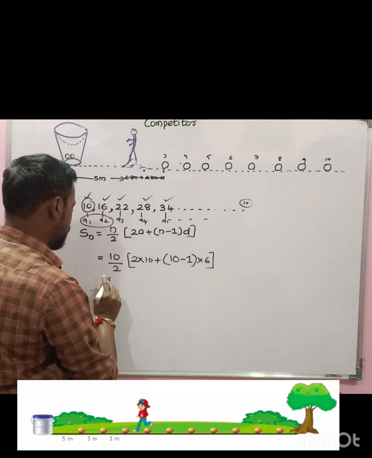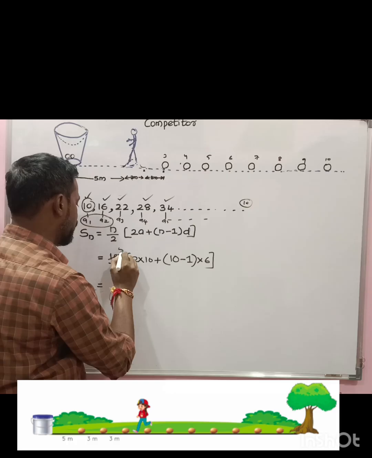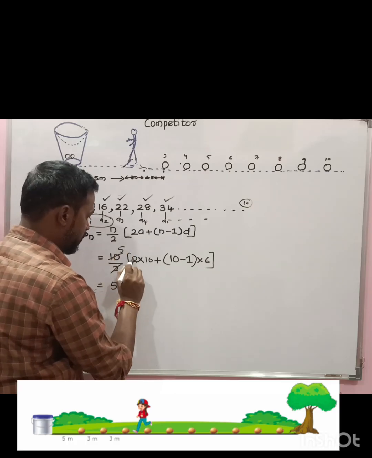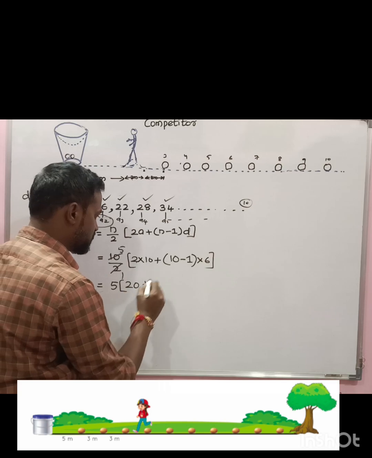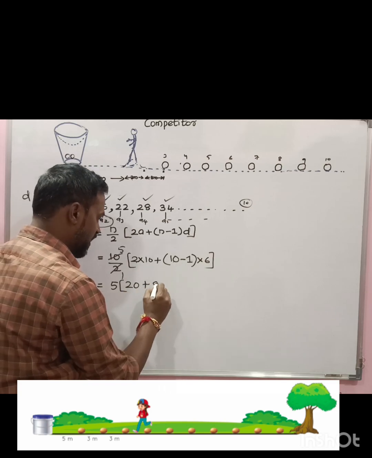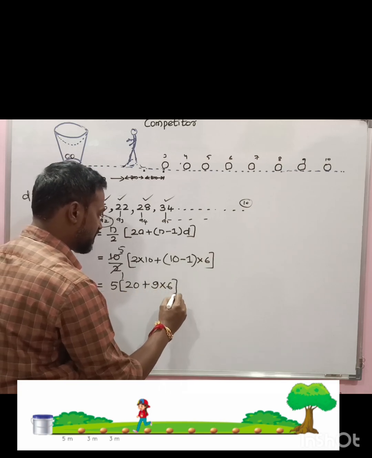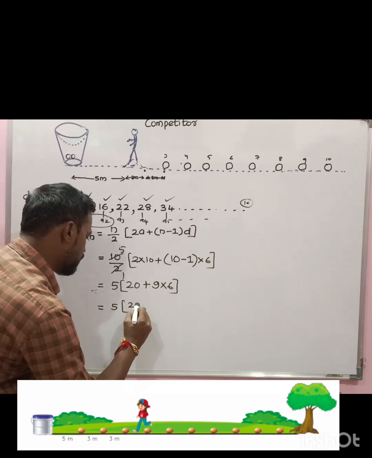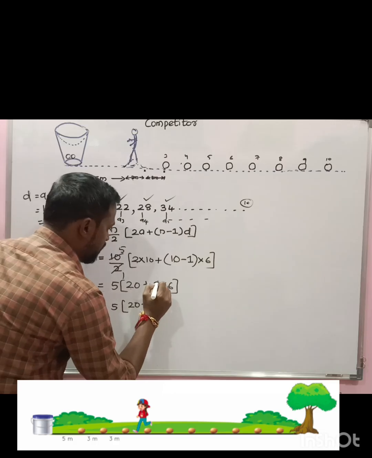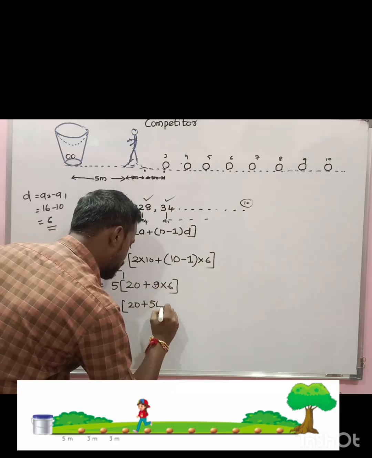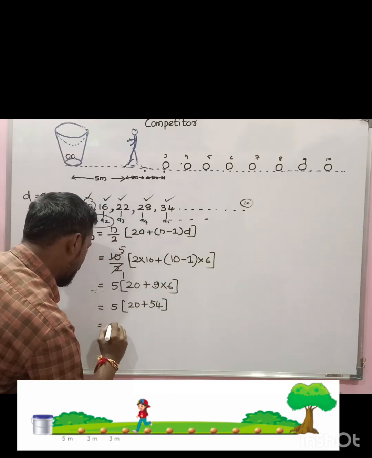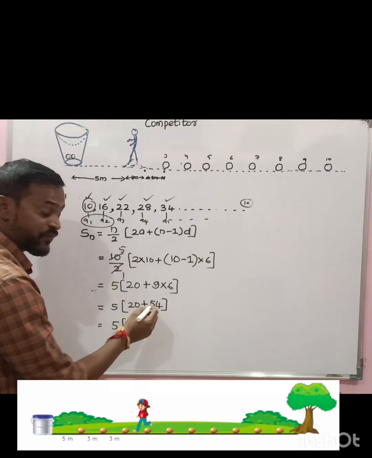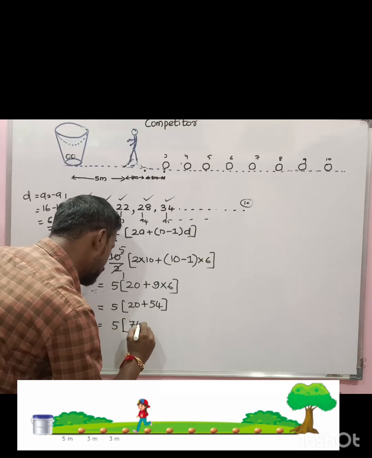So now what can we do? 10 divided by 2 is 5, so 5 times 2 into 10, that is 20, plus 10 minus 1 is 9 times 6. Further, 9 times 6 is 54. Adding the numbers within the bracket, 20 plus 54 is 74.